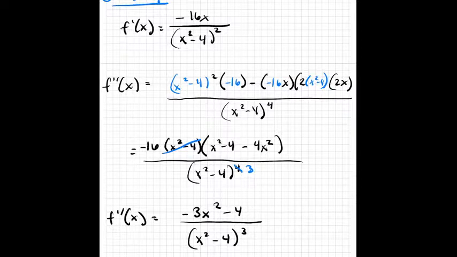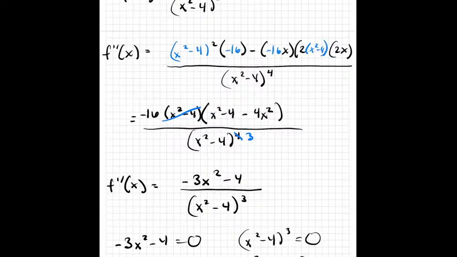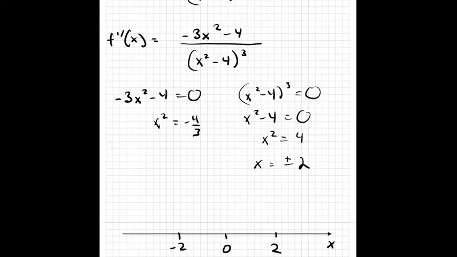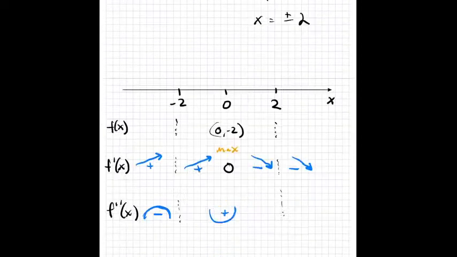That left us with x squared minus 4, minus 4x squared. Okay, that should be a negative 3x squared minus 4. I feel like something's a little off.